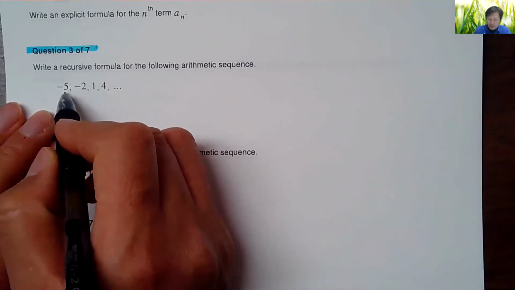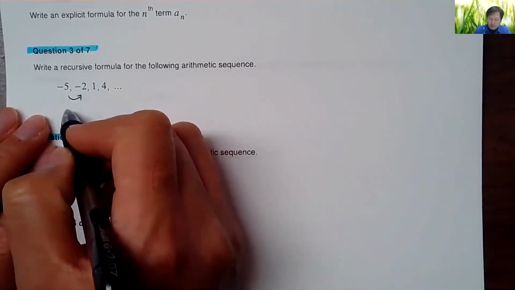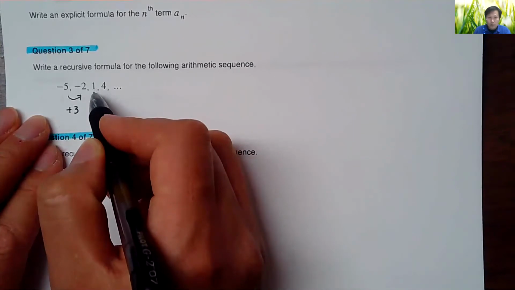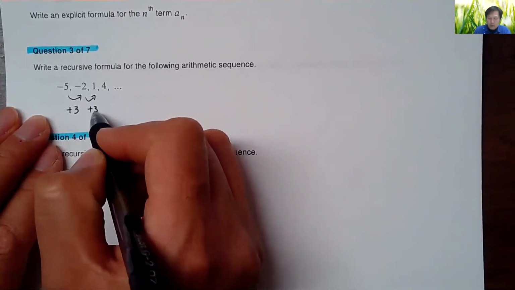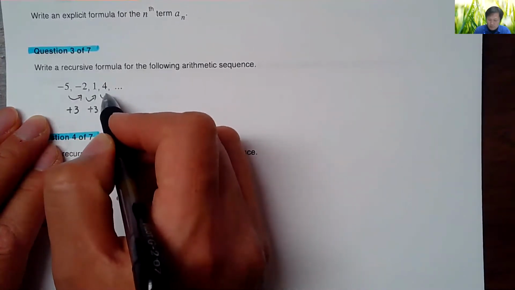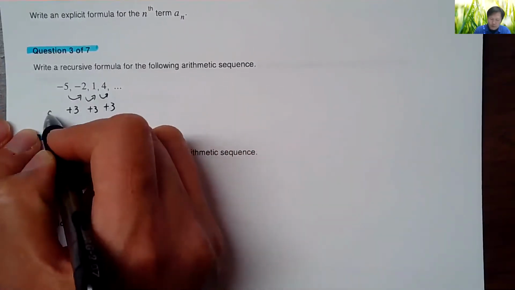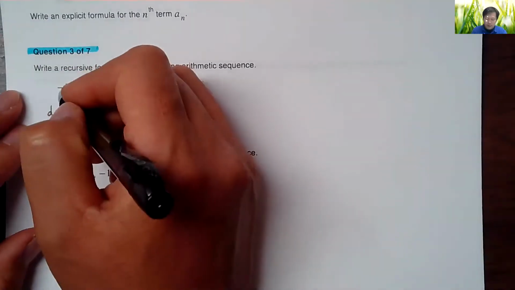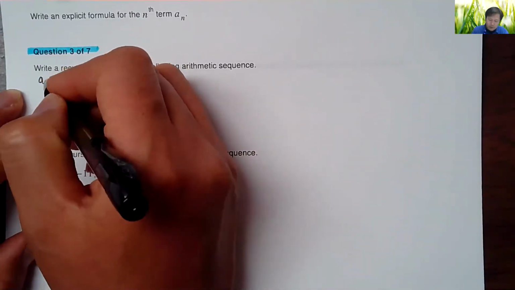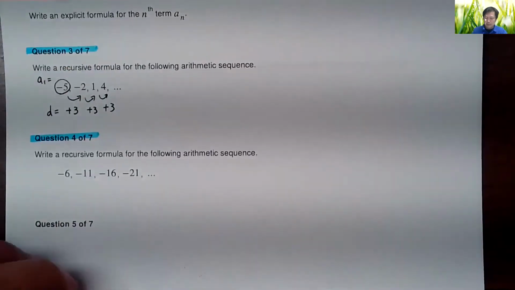Minus 2 minus minus 5 will be plus 3. 1 minus minus 2 will be plus 3. 4 minus 1 will be plus 3. You do know the difference is 3. And the first element, a sub 1, is going to be minus 5.